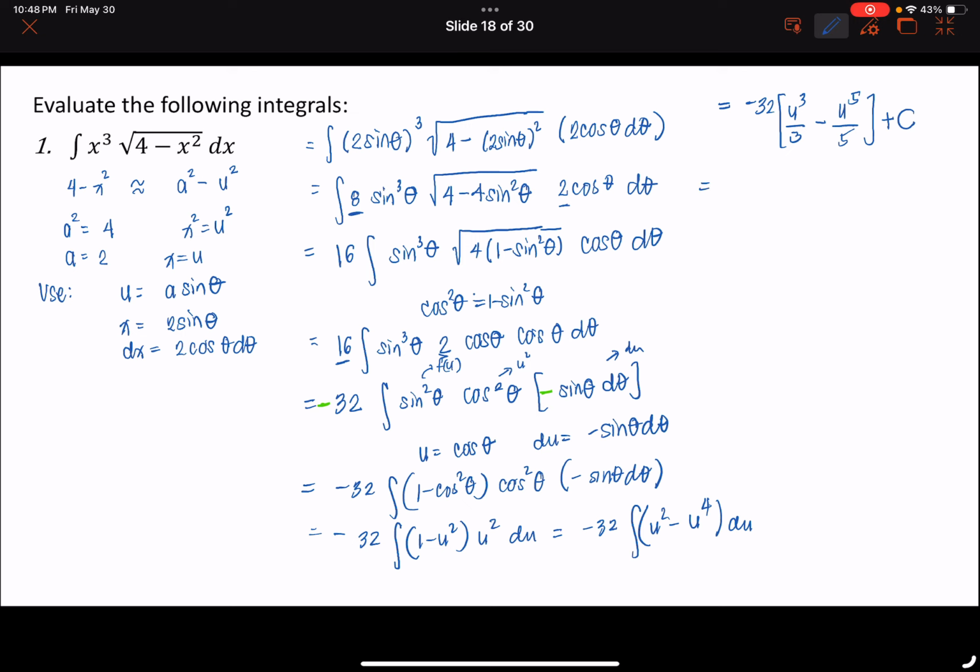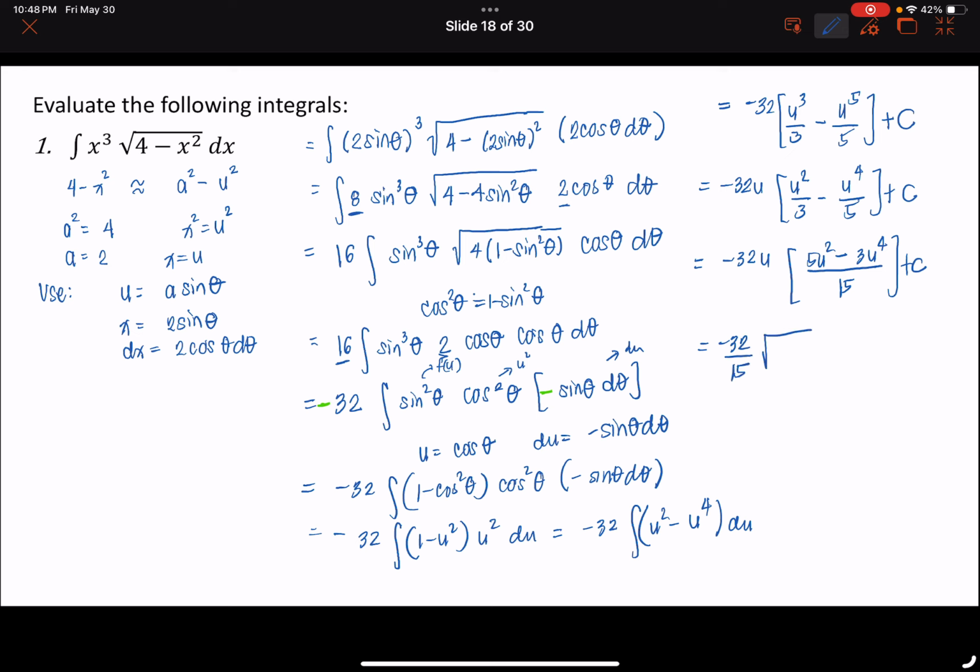So we can rewrite this as negative 32 u, and then we have u squared over 3 minus u to the fourth over 5, plus c. So that would also be negative 32u, and then we can have the LCD equal to 15. So we have 5u squared minus 3u to the fourth plus c. So we have negative 32 over 15.